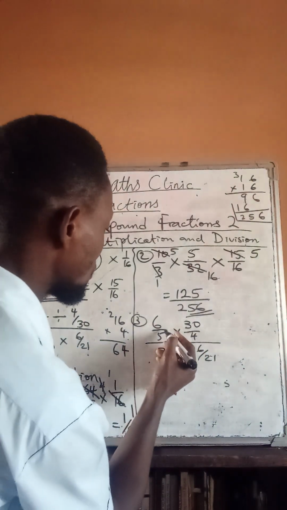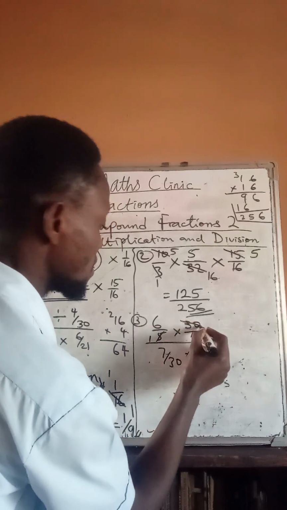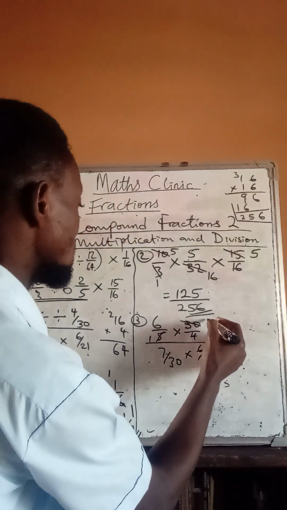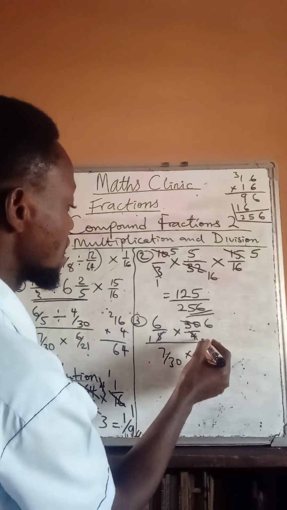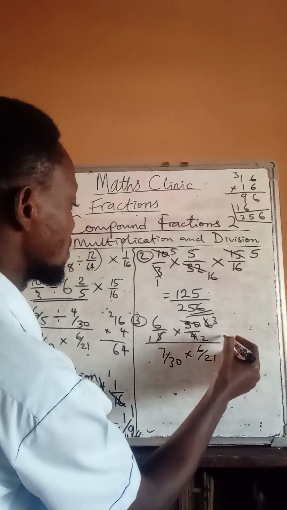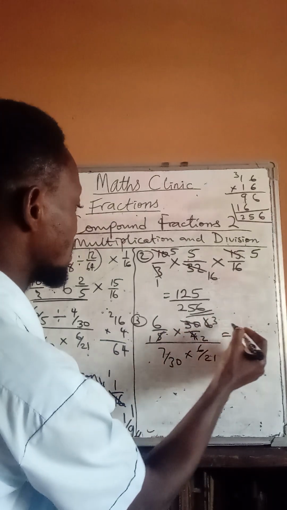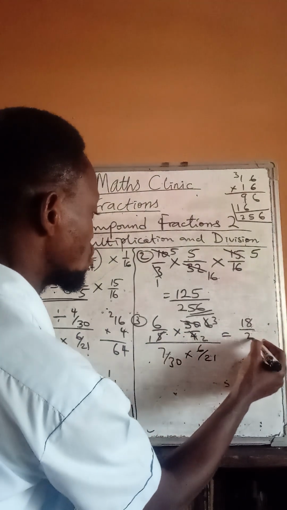Well, on the upper side, what do we have that can divide? 5. 5 here, 1. 5 in 30 is 6. What else can divide? I think 2 can go here. 2 here, 1. 2 in 6 is 3. So we have 6 times 3 will give us 18 all over 1 times 2 will give us 2.